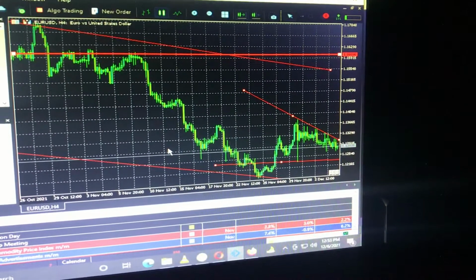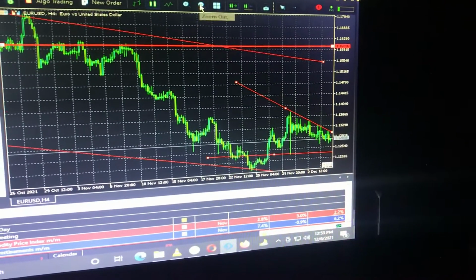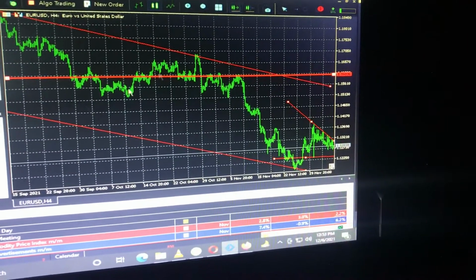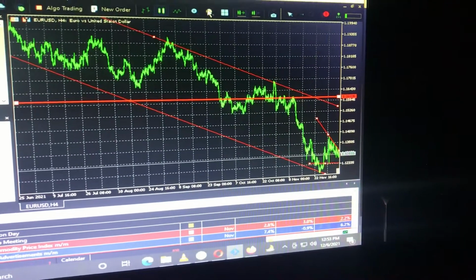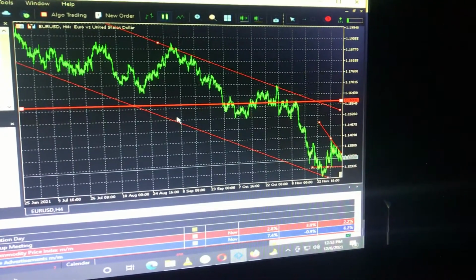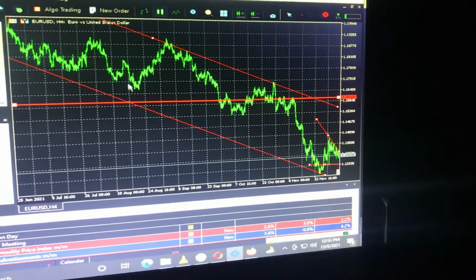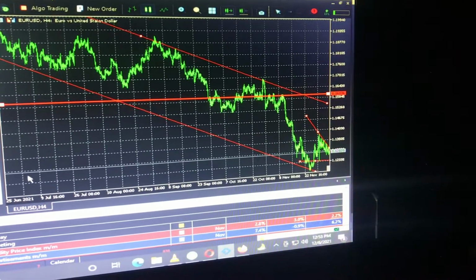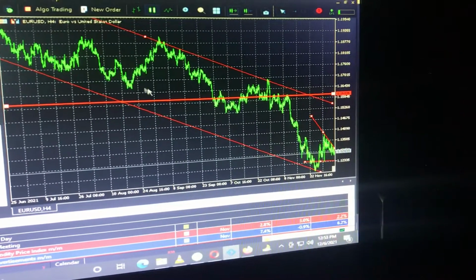This trend line is coming from the daily charts. From the daily chart we see this line has been our trend line, and it has been respected over the past some months from June up to this time.